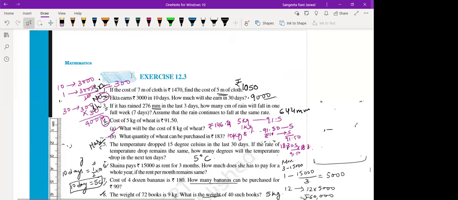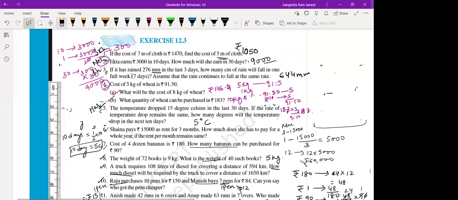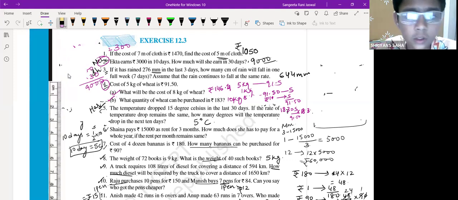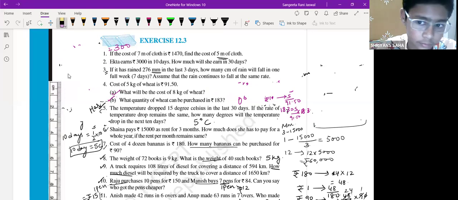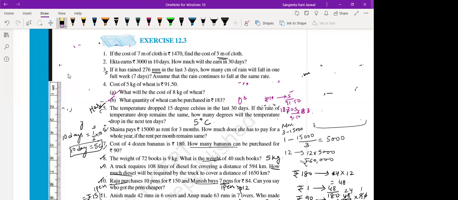Let's take the first question. Shreyans, read the first question. Yes, sir. If the cost of 7 meter cloth is rupees 1,470, find the cost of 5 meter of cloth. So the cost of 7 meters of cloth is given. Find the cost of 5 meters of cloth. Please write down the statement.